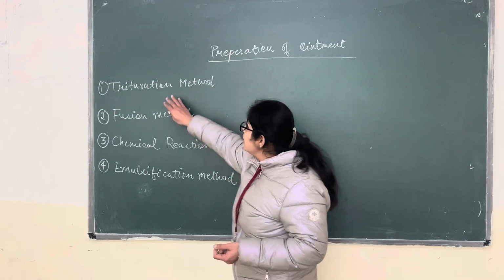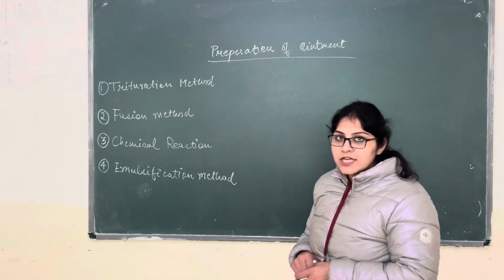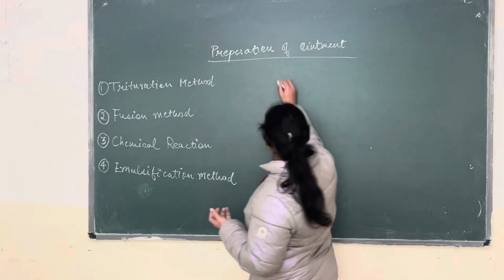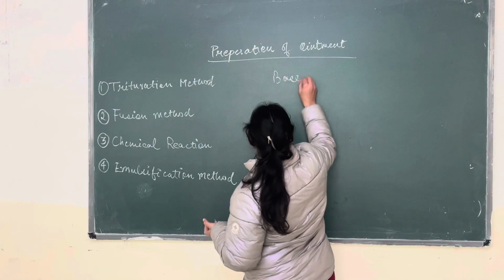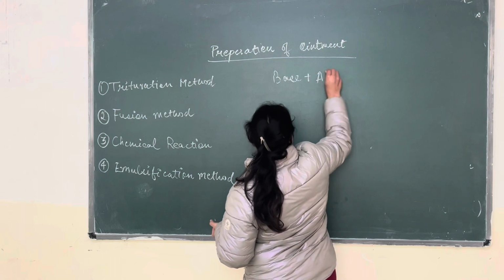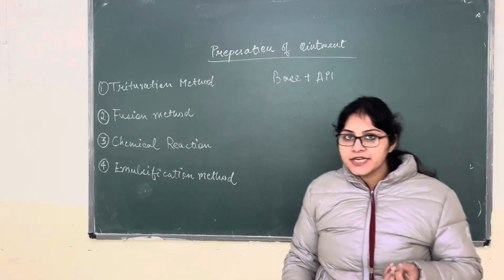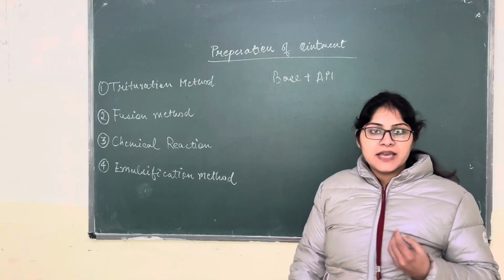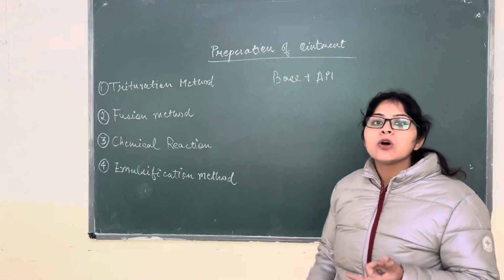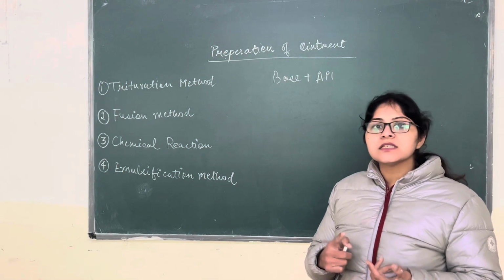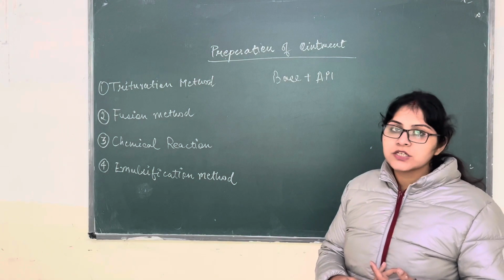First is the trituration method. As you know, ointment is formed by the base and the active ingredient or API, that is the drug, and the bases are of different types: oleaginous base, absorption base, water soluble bases, and water emulsification bases also.